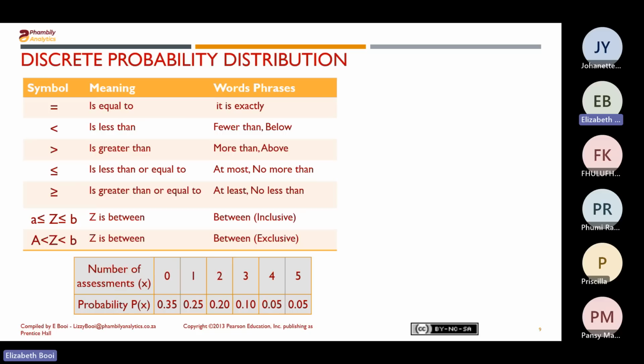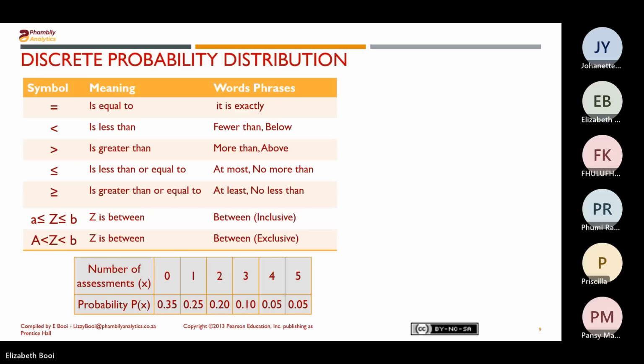When they say in the sentence that it is between, generally between will mean greater than or equal, but sometimes they will tell you inclusive or exclusive so that it makes it easier for you to understand which sign to use. If they use inclusive, they will put an equality sign to it. And if they say exclusive, they will remove the equal sign.